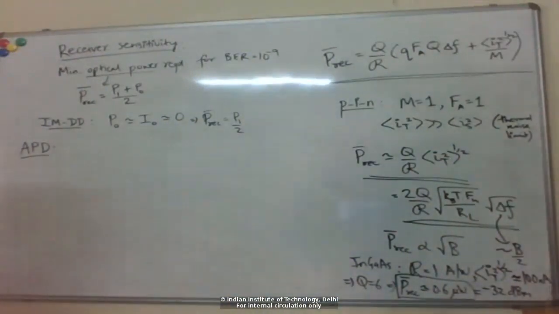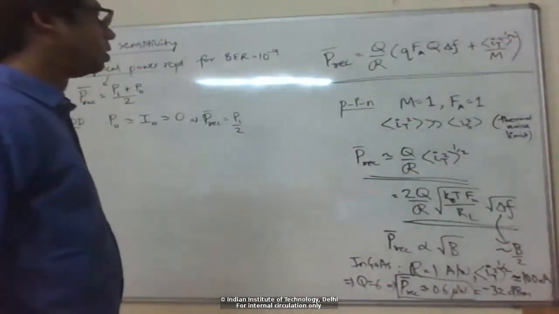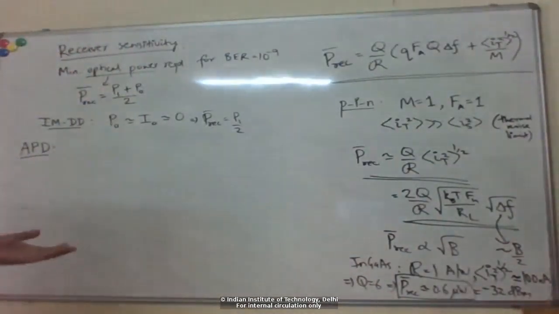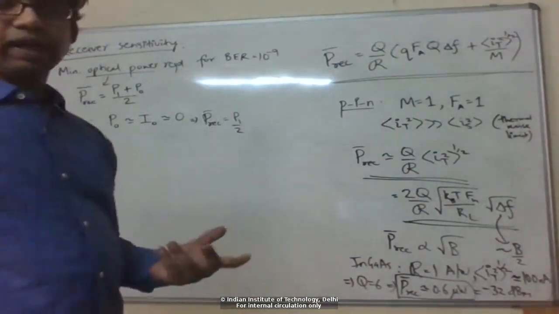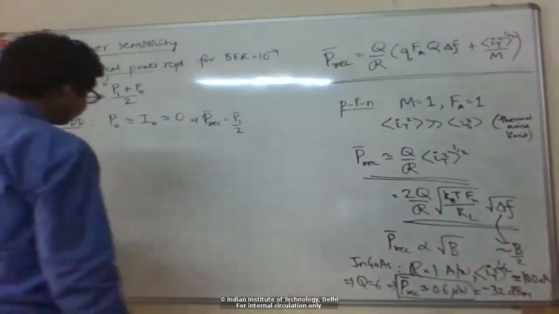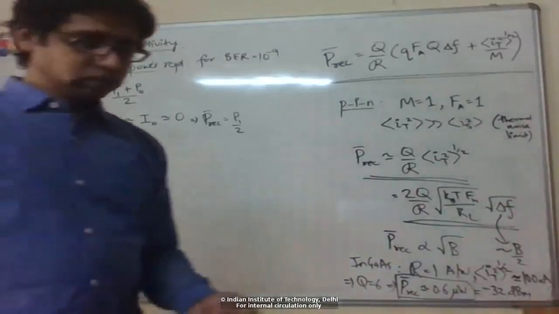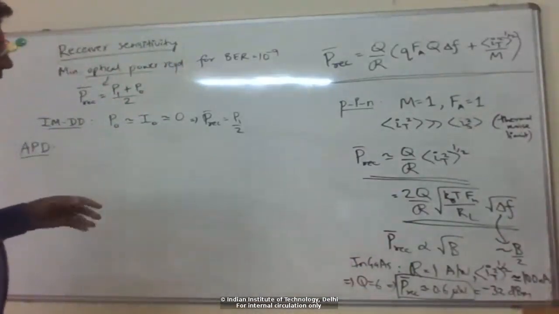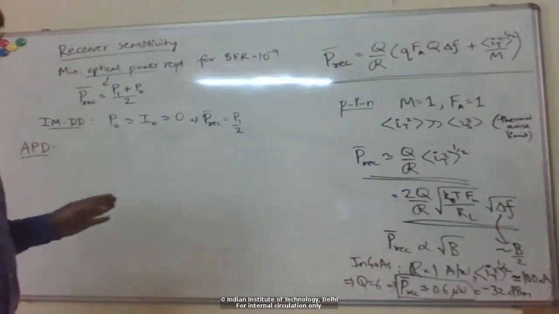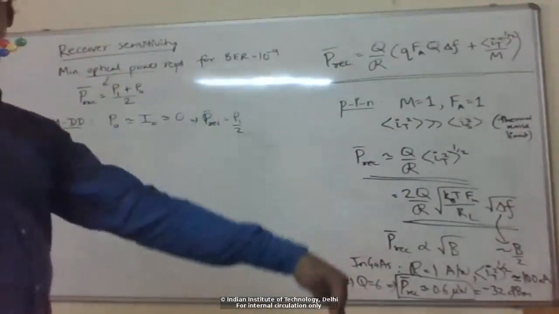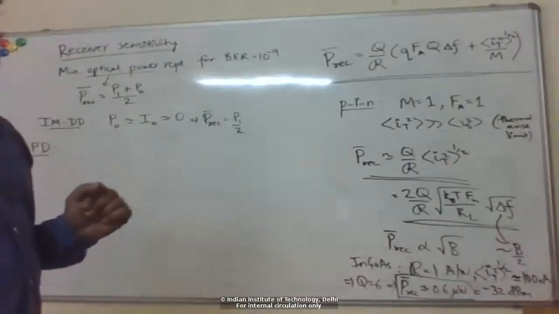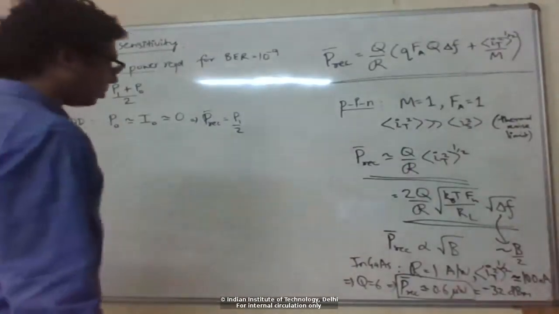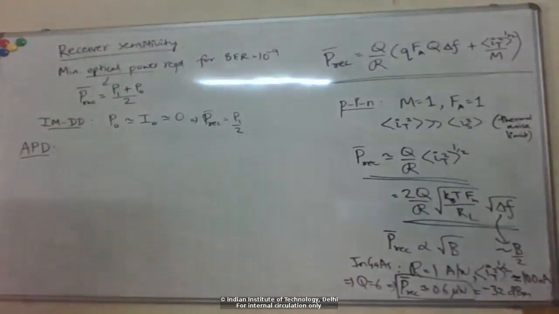Recall that last time we had discussed that we could have an optimum gain for the APD, such that the electrical SNR that we get at the receiver is maximized. We saw that the SNR first increased with the gain, reached a peak, and then started falling again. So there was an optimum gain that we needed depending on other parameters of the link.